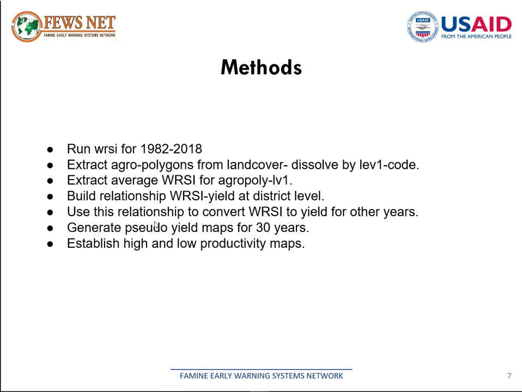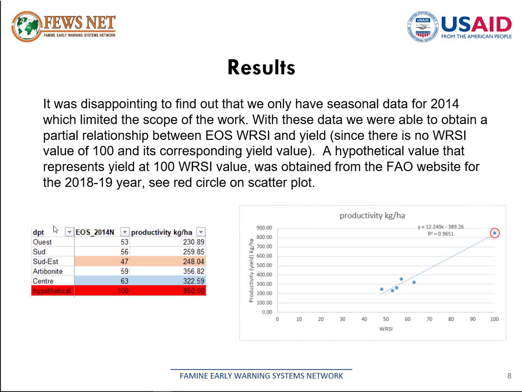The idea was to use that relationship, or that model, to convert WRSI to yield for the other years, and then have a 30-year history and establish high and low productivity maps from that. But we only got to here, and this is the reason why.